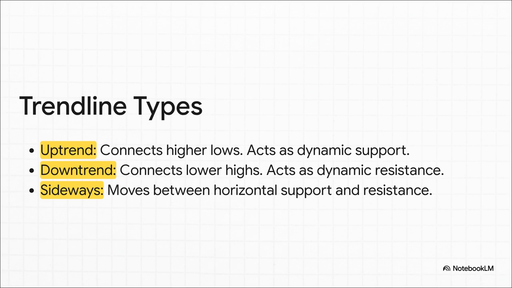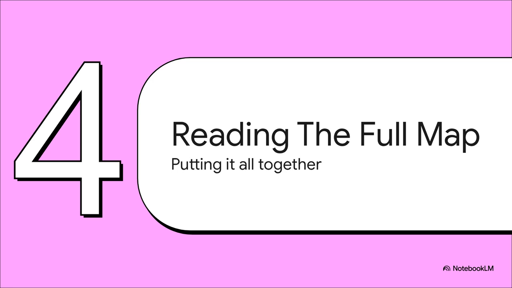We draw our trend line by connecting the bottoms of each bounce, and since each bounce point is higher than the last one, we call them higher lows. That rising line now acts as a dynamic support. On the flip side, in a downtrend, the ceiling is tilted down. We connect the tops of each bounce, the lower highs, to create a falling ceiling, or what we call dynamic resistance.